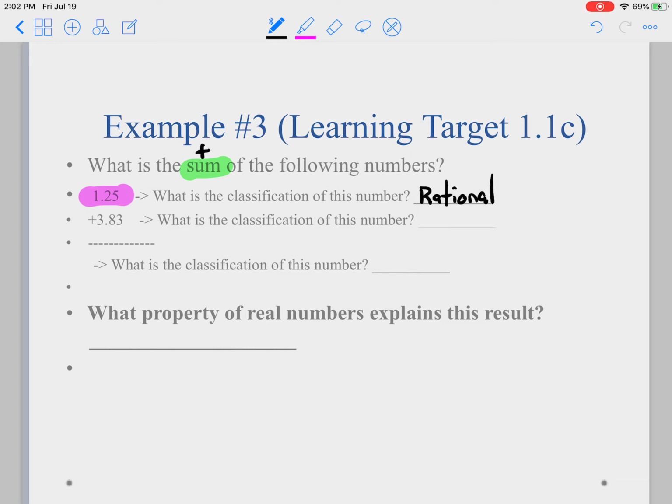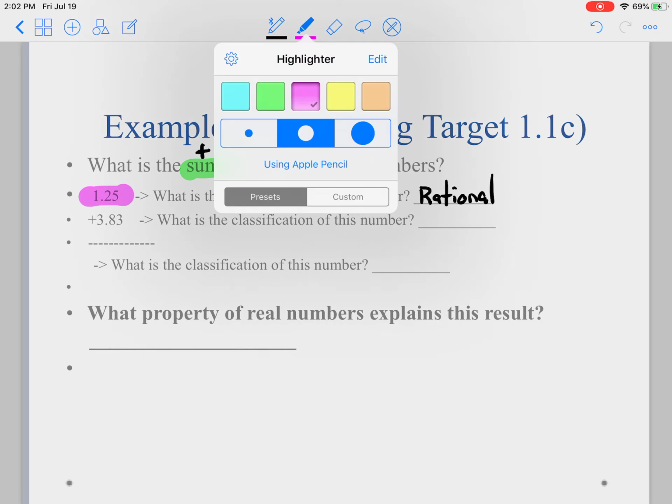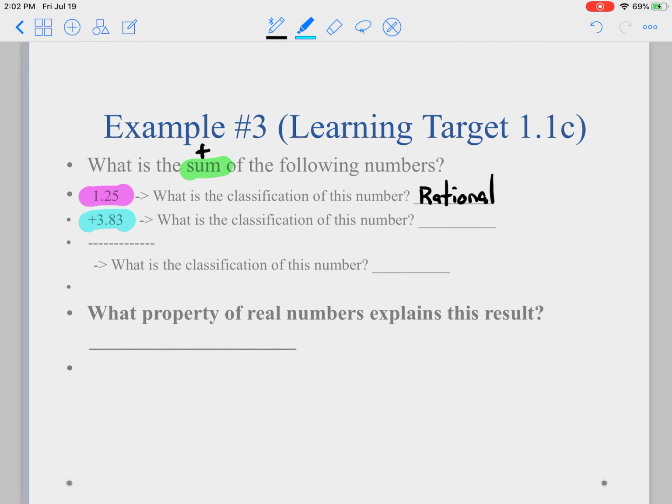Our second number, 3.83. Take a moment, see if you can determine what you think the classification of 3.83 should be. Okay, using the same logic as before, we know it's a decimal.